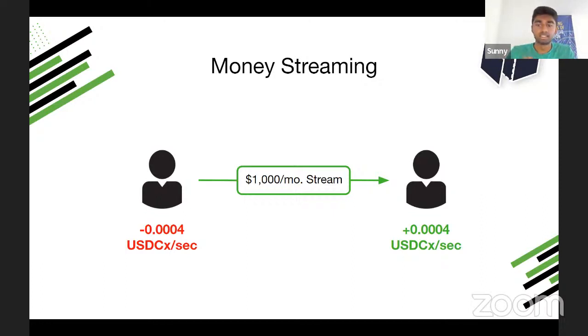You're able to send these little bits of tokens per second from your account to another, and move money continuously until you either stop that stream or you run out of tokens. So that's the idea of money streaming, and it literally moves tokens on a per second basis. If you were to check your balance, you would see that it's changing every single second.